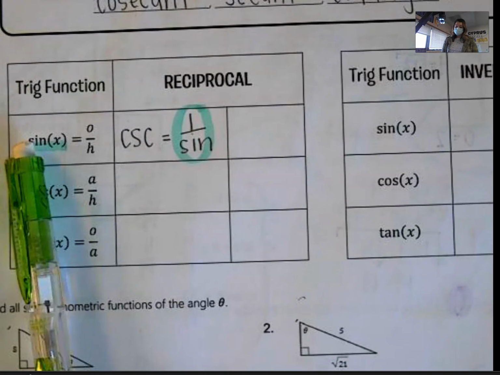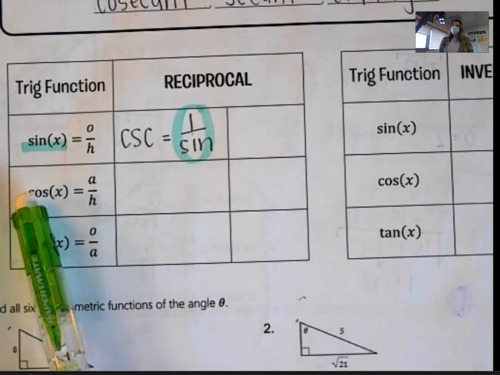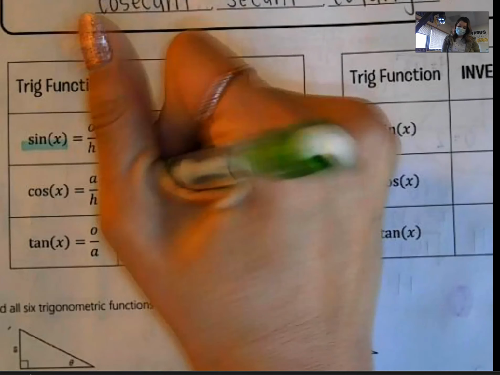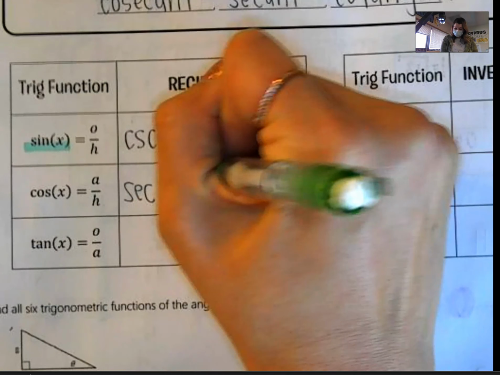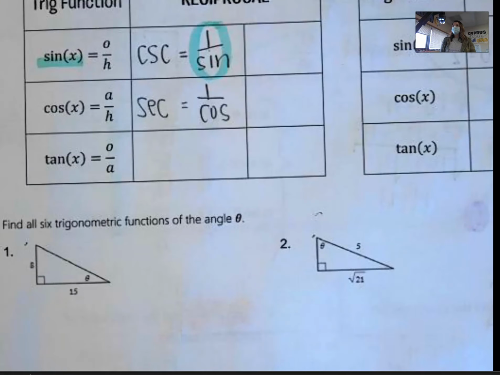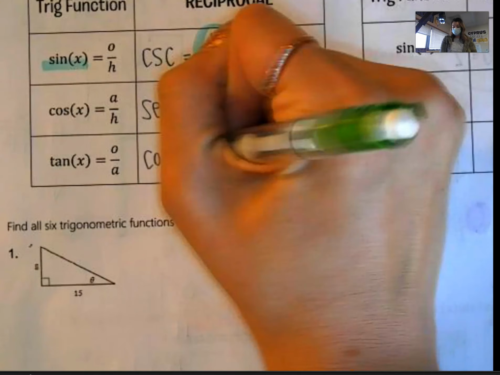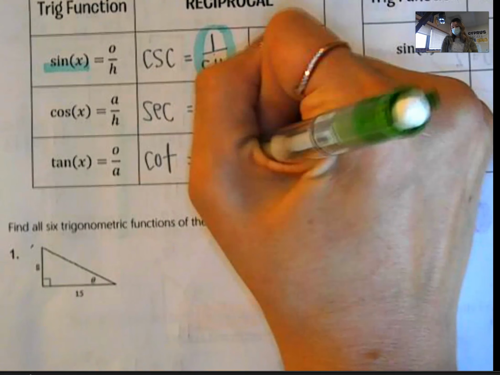So sine and cosecant go together. Cosine goes with secant. That's going to be 1 over cosine. And the only one that sounds like it makes sense is cotangent goes with tangent. It's 1 over tangent.